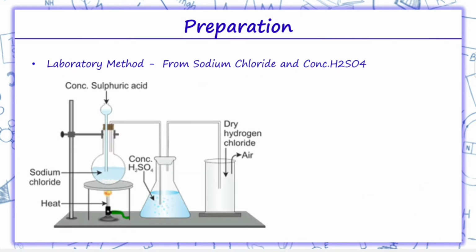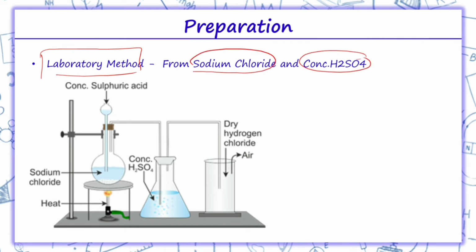Now coming to the lab method for the preparation of HCl gas. For the lab method, the reactants are sodium chloride and concentrated H2SO4. We take a round bottom flask in which we have taken sodium chloride and a conical flask in which we have taken concentrated sulfuric acid, and we heat it at a temperature less than 200 degrees Celsius.